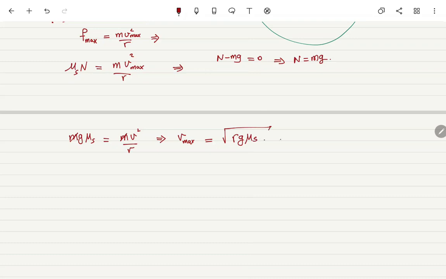We have the numbers. You substitute the radius, it's equal to 150, g equal to 10, and mu s equal to 0.6. So the V max here is equal to 29.7 meters per second.